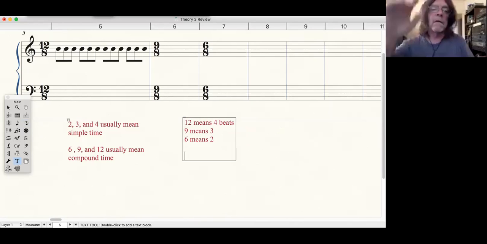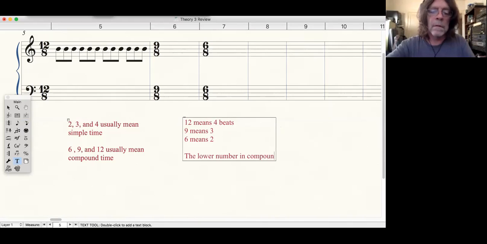All right, so the lower number in compound time always means what gets the subdivision of the beat.